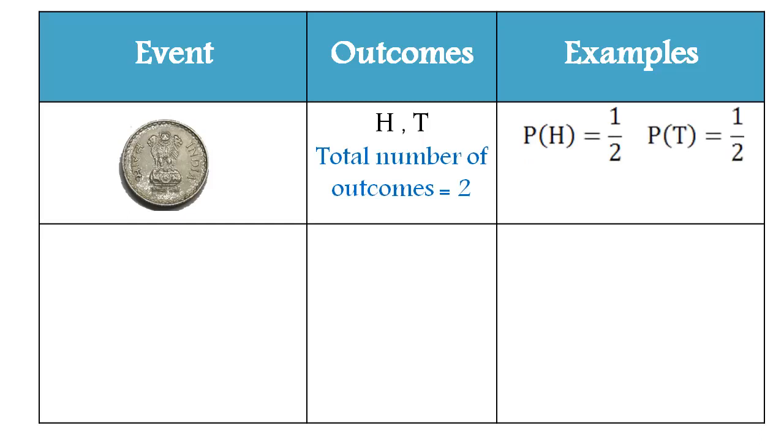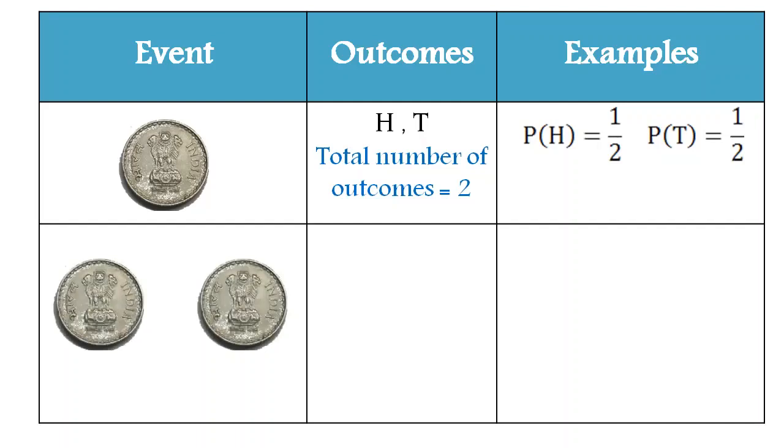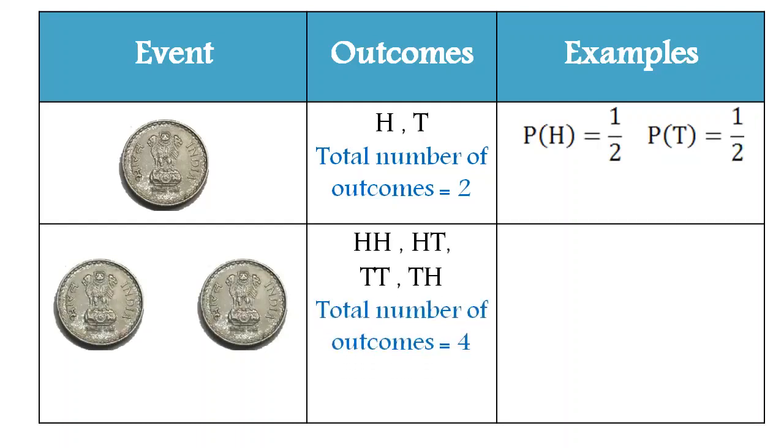Moving towards the next event, you have to understand tossing one coin twice or two coins simultaneously is one and the same. If I toss two coins together, we get four outcomes as shown in the table. Note that head tail and tail head are two different outcomes.